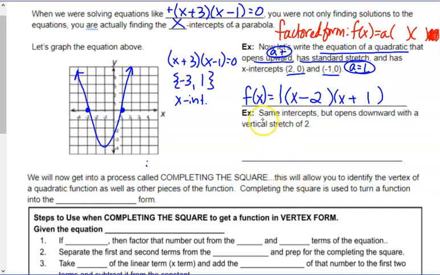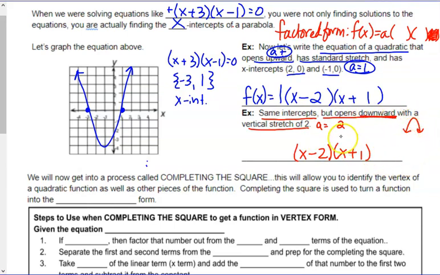So let's do this next one. We have the same intercepts, so that means I still need an x minus 2, and I still need that x plus 1, but now it opens downward, and we vertically stretched it by a multiple of 2. So what does that mean? Well, the 2 is my A. But if it goes downward this time, that means I got a parabola that does this.